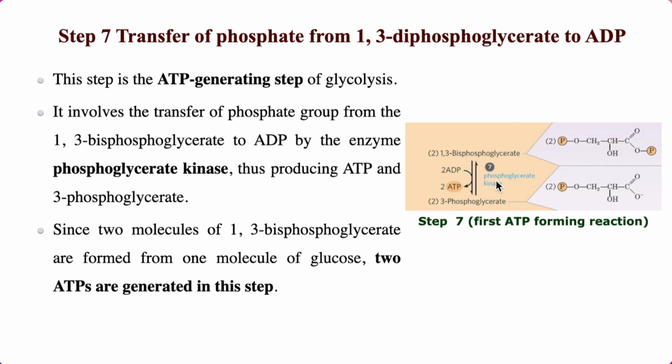The reaction is carried out by the enzyme phosphoglycerate kinase. Since two molecules of 1,3-bisphosphoglycerate are formed from one molecule of glucose, two ATP are generated in this step. So here two molecules are involved, and we get two molecules of ATP.